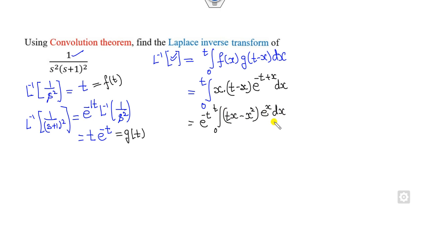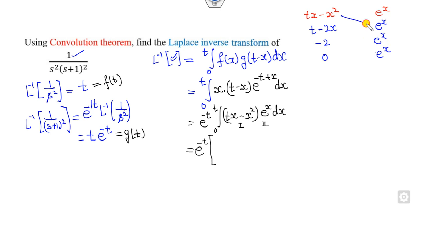Now how can you integrate? You can choose this as my first function and this as my second function, and integrate by parts. Otherwise, as I told you in the earlier lectures, whenever there is a polynomial term, you can write the polynomial separately and differentiate it until it becomes 0. Integrate the other part the same number of times. Then multiply them with the signs plus, minus, plus.